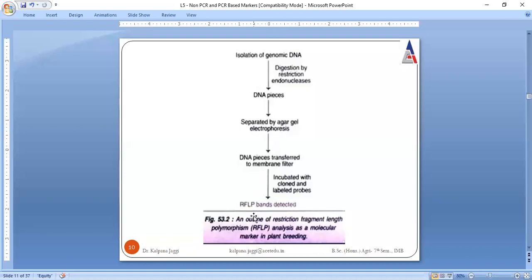Since no PCR step is followed in RFLP, here we isolate, and after isolation, it is fragmented into different pieces, and then hybridization is carried out. That means we are no more denaturing the DNA, no more annealing the primer to it, and no more carrying out the extension. So this procedure is said to be non-PCR based, and a very famous example of it is RFLP, that is restriction fragment length polymorphism, right?